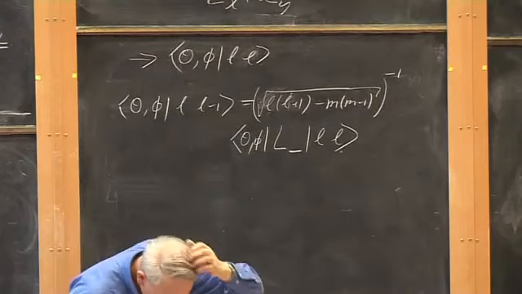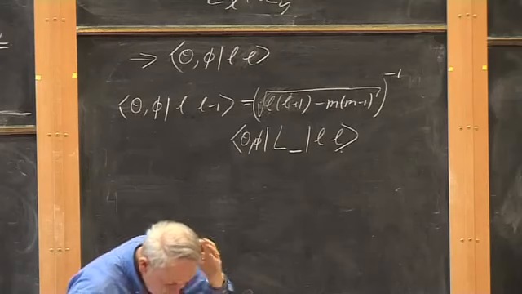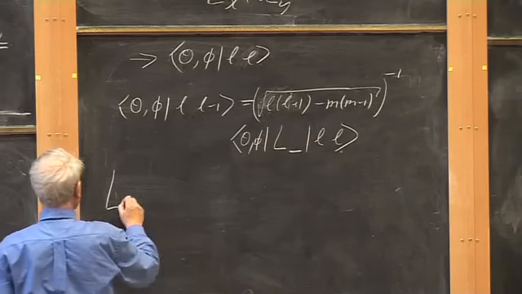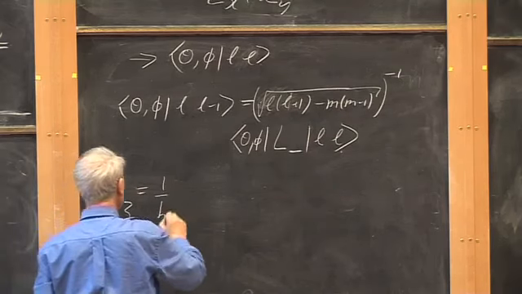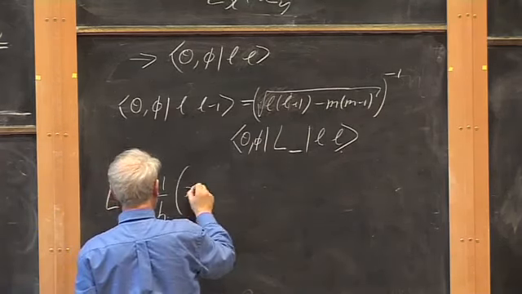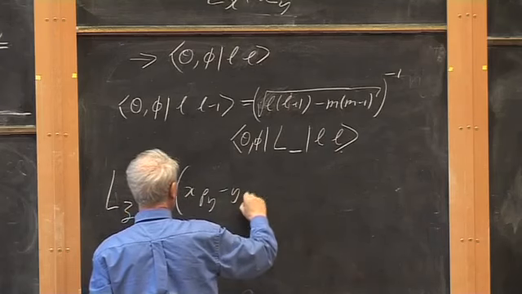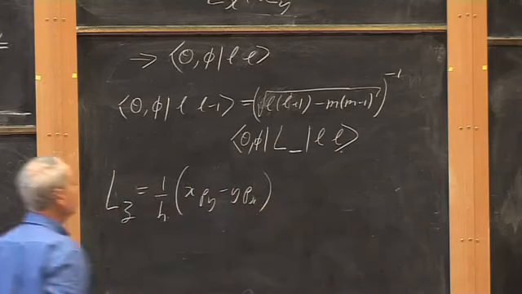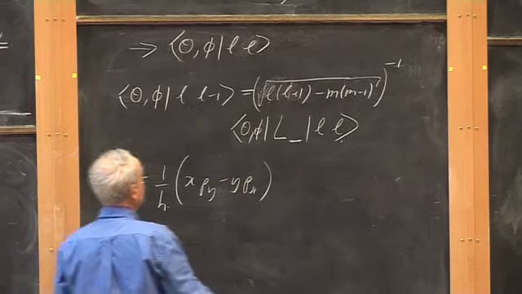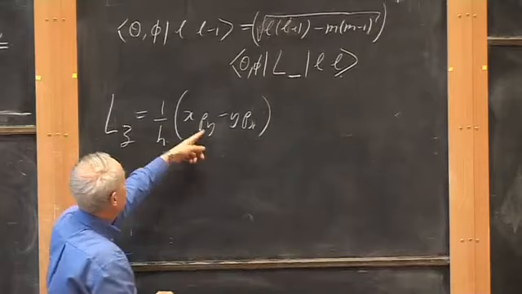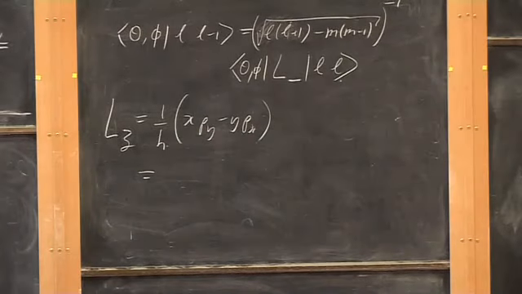Let's start by writing down what Lz is. What is Lz? It's 1 over h bar of x py minus y px. In the position representation, what is that? Py in the position representation is minus i h bar d by dy.